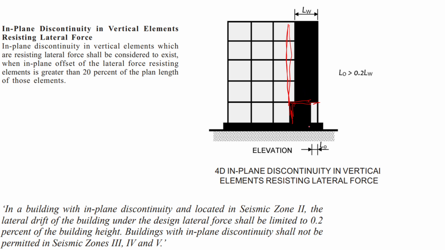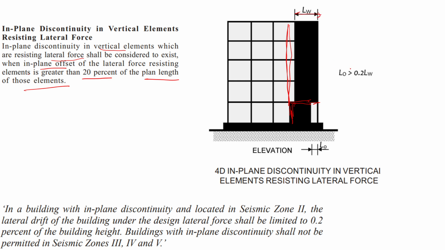If it is part of a design, we should be careful about it. In-plane discontinuity in vertical elements resisting lateral force shall be considered to exist when the in-plane offset of the lateral force resisting elements is greater than 20% of the plane length of those elements. So first we should know the length between this and this.